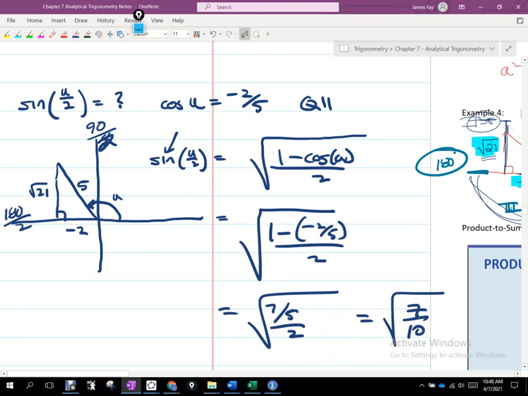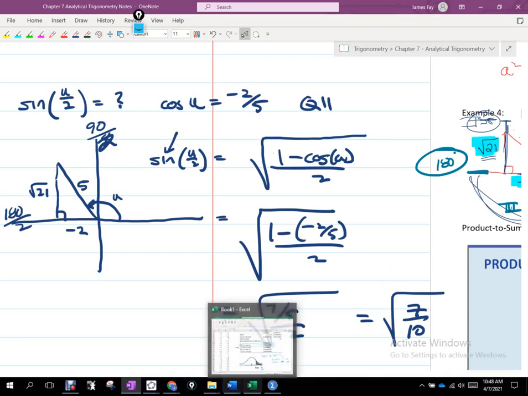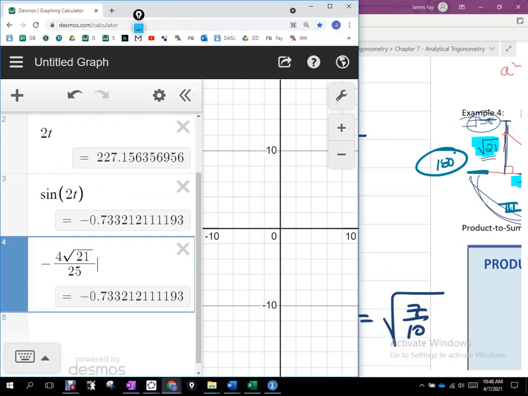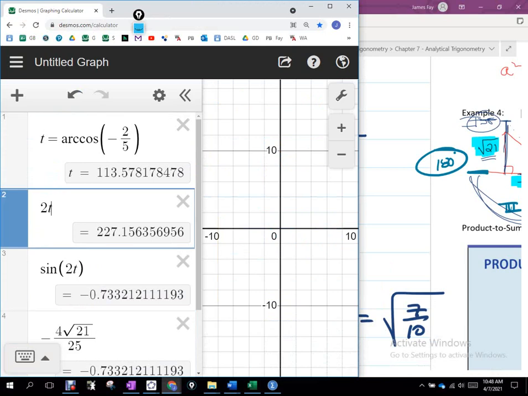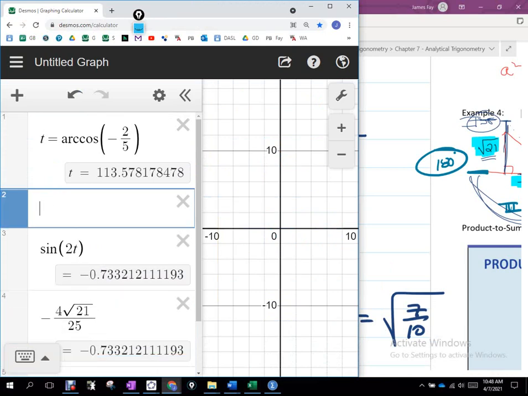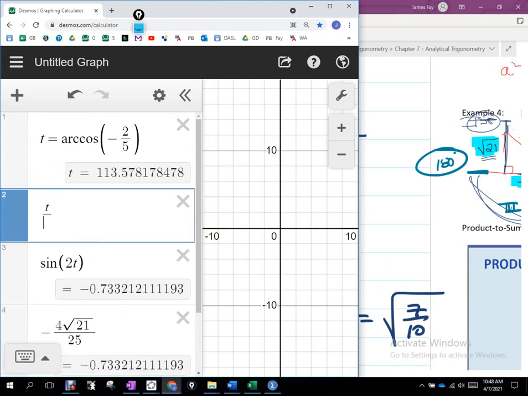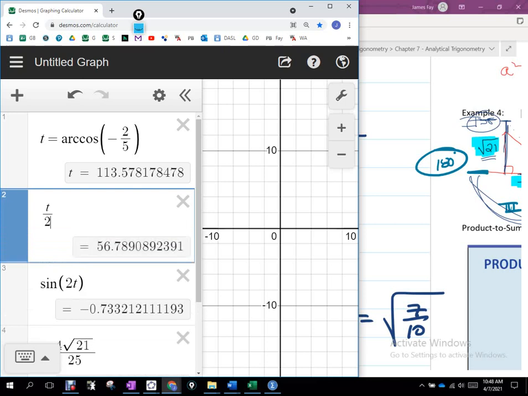So now, if we look at the same concept we did here, instead of taking t and doubling it, let's take t and halve it. Does that angle fall between 90 and 45 like we thought it would? Yep.